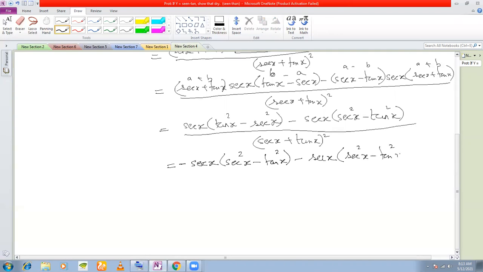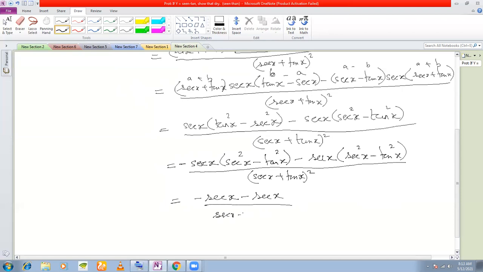Now what is sec square theta minus tan square theta? 1. So we'll put it. So minus sec x into 1, and you have minus sec x into 1, divided by sec x plus tan x whole square. And that's what we get, the required result. What we had to prove, minus 2 sec x by sec x plus tan x.